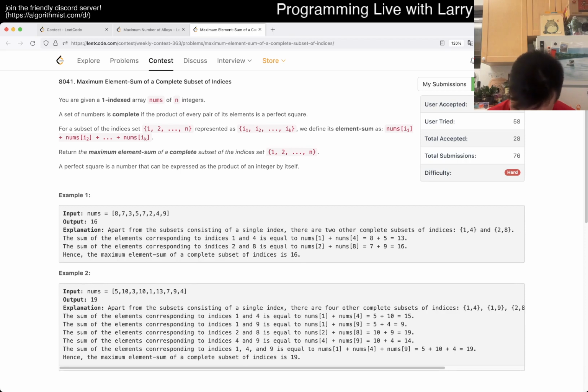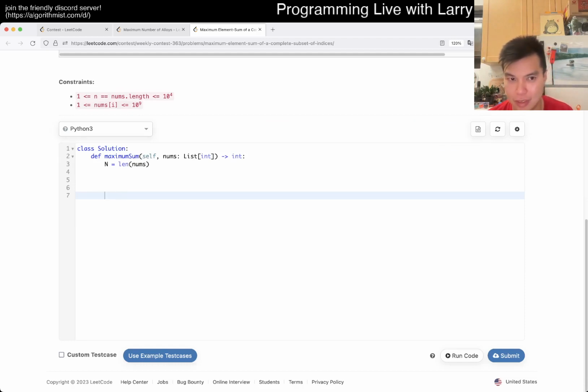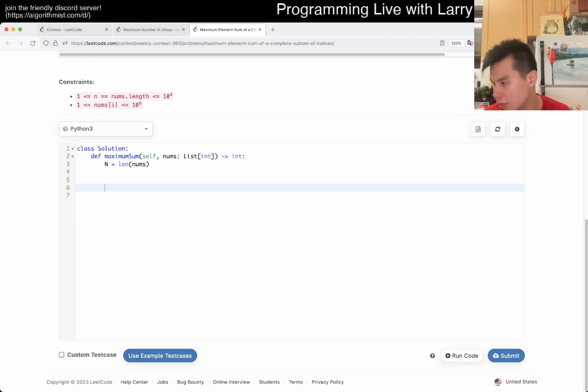Times everything by 3, so that's 3, 12, 27. Is that it? Maybe it is. Maybe that's the pattern. I don't know. And I don't know the answer to this one, so. Okay, what would that look like?